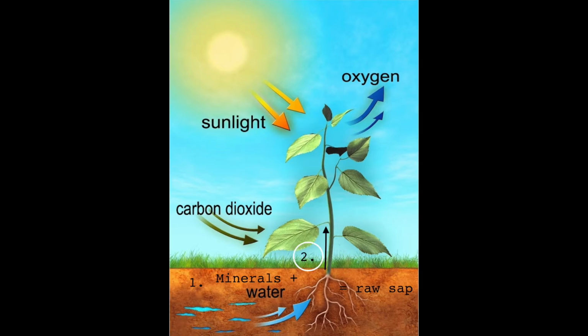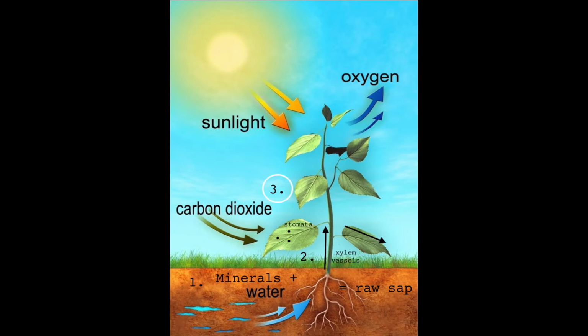In the second stage of photosynthesis, the raw sap travels up the stem to the leaves through long tubes called xylem vessels. In the third step, the leaves take in carbon dioxide from the air through tiny holes called stomata.